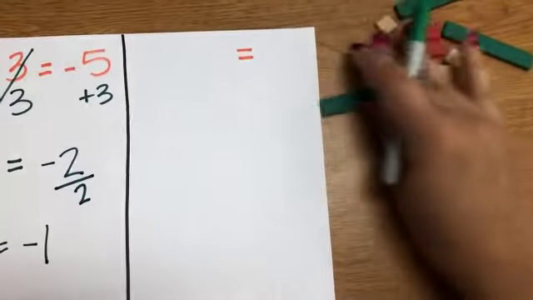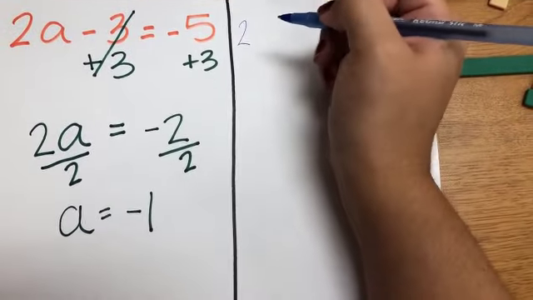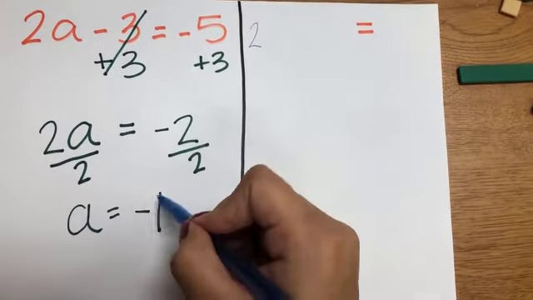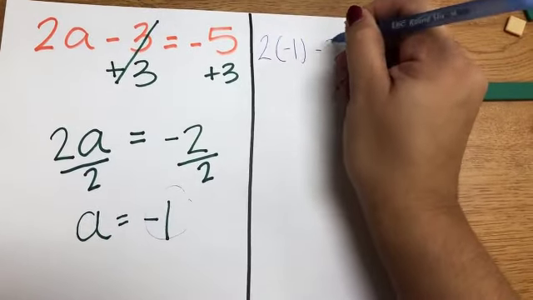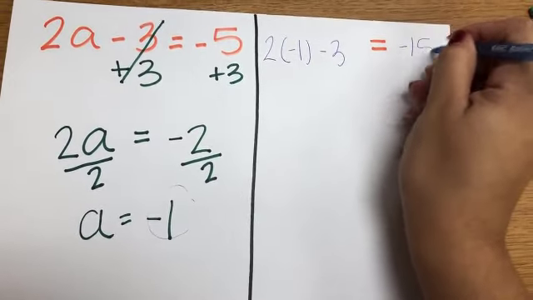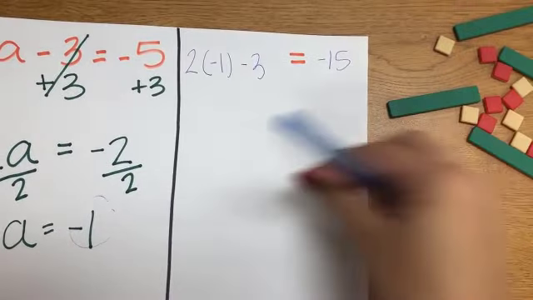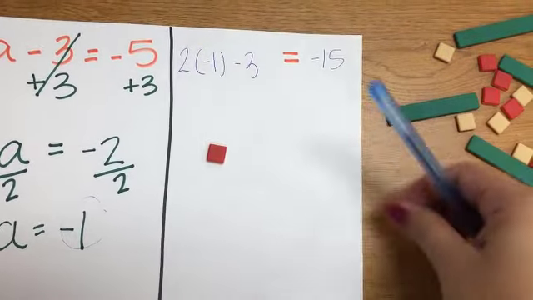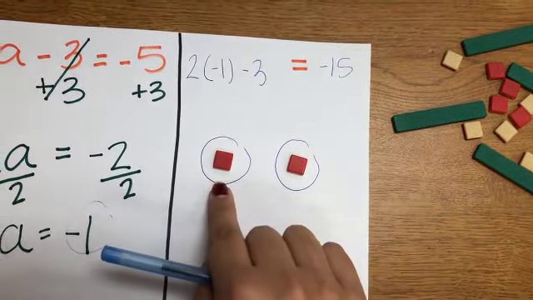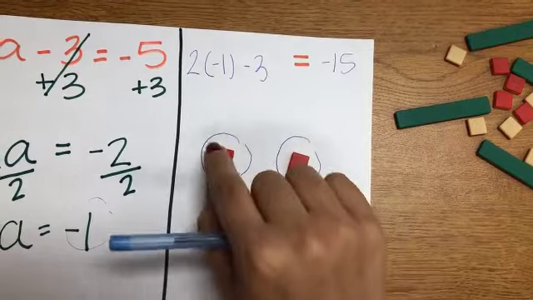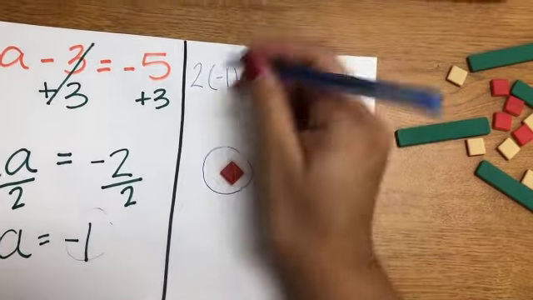Let's go ahead and check our work. I'm going to write my equation. Instead of putting my variable, I'm going to put the -1. So I have two groups of -1. Here is my 1 and my second group with a -1 in it, and that means that I have a total of -2.